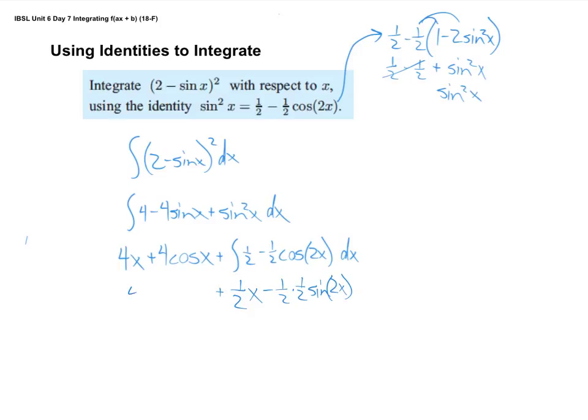Alright, so we have 4x plus 4 cosine of x plus 1/2 x minus 1/4 sine of 2x. I'll put the x's together, so I've got 4.5x plus 4 cosine x minus 1/4 sine of 2x plus c.